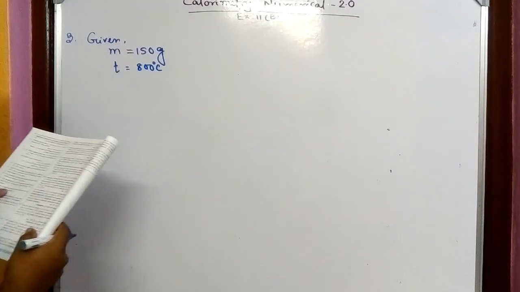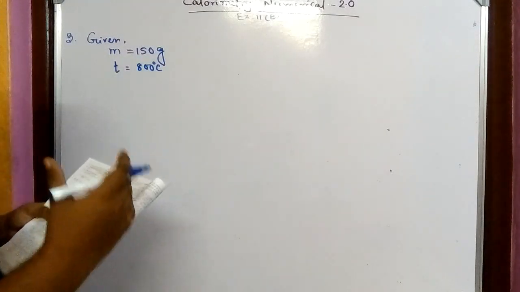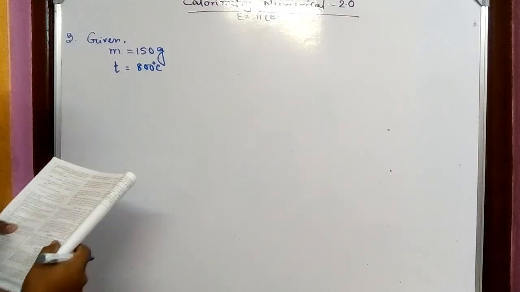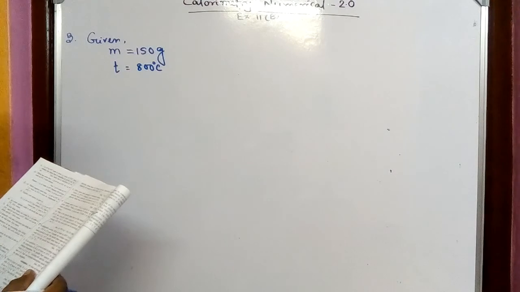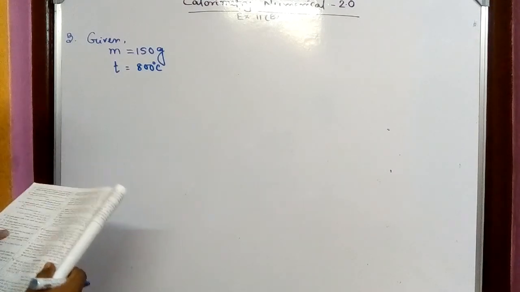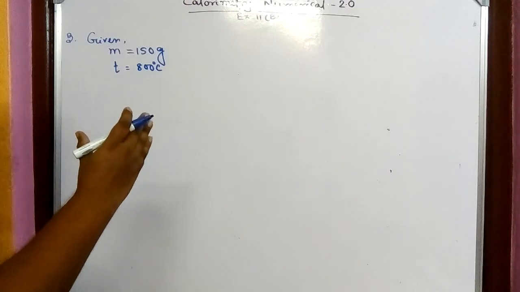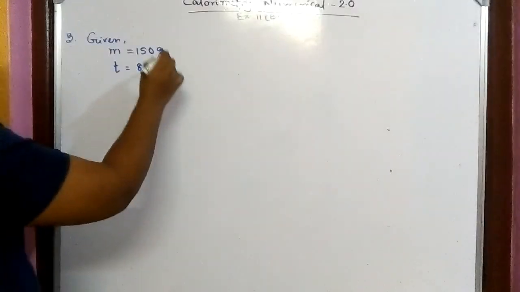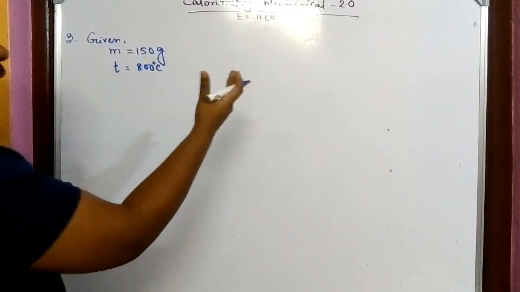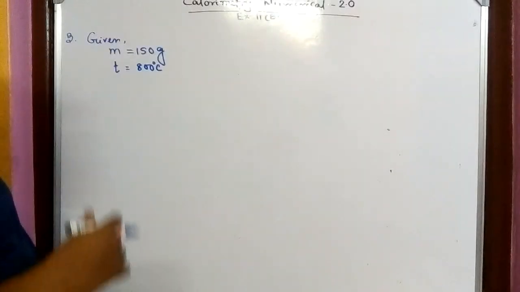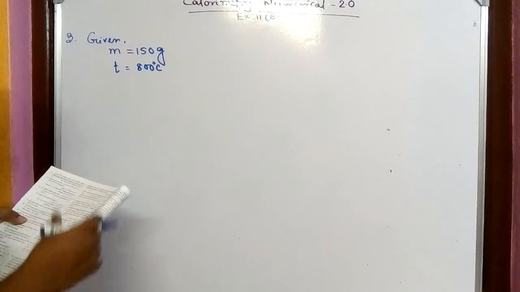It is told that when it is allowed to freeze at the same temperature, it gives out 75,000 joule of heat energy. So when the metal is already melted at this temperature and is allowed to freeze, how much heat does it give out?